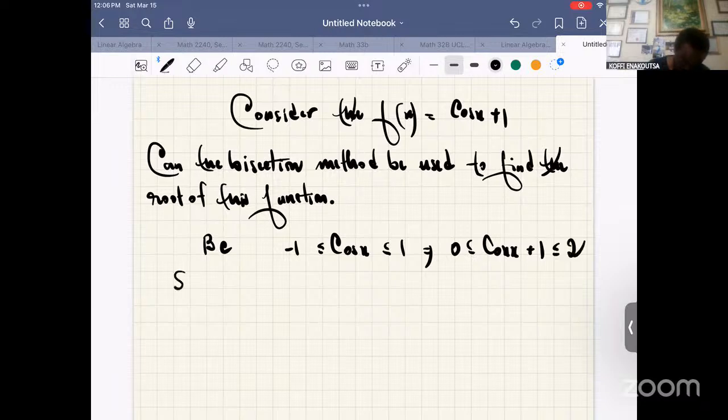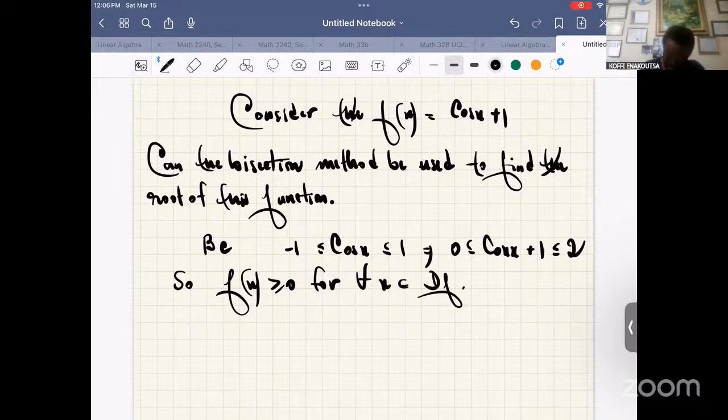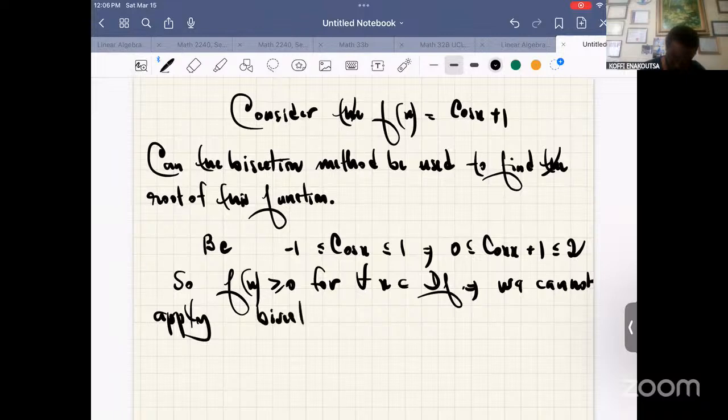So f of x is positive for all x within the domain of f. Therefore, we cannot apply the bisection method. That's to kick off our section.